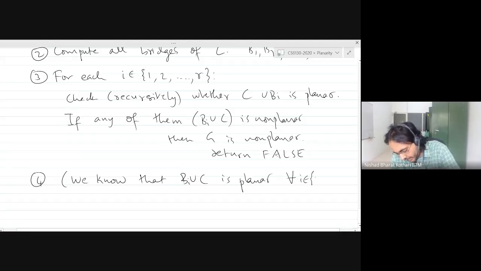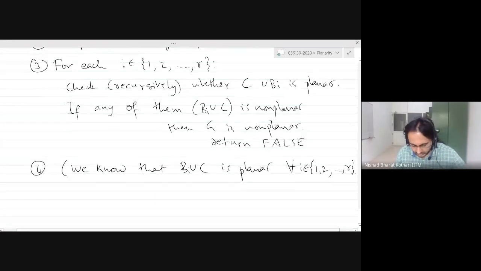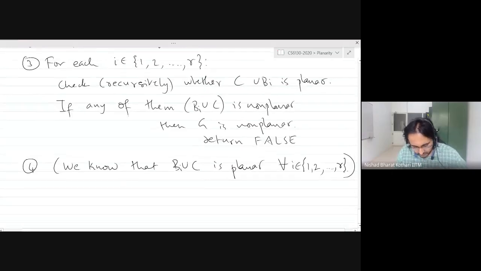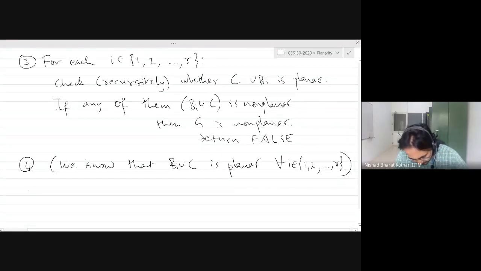So for each bridge, the graph you get by taking the bridge and the cycle is planar. So this is what we know at this step. Now what do we do? What do we do in step 4?